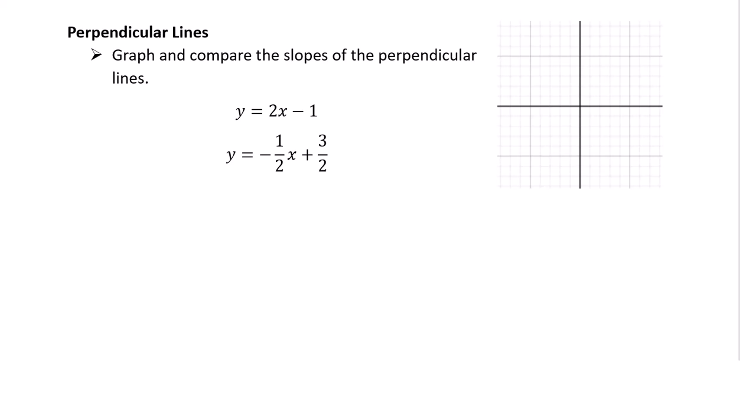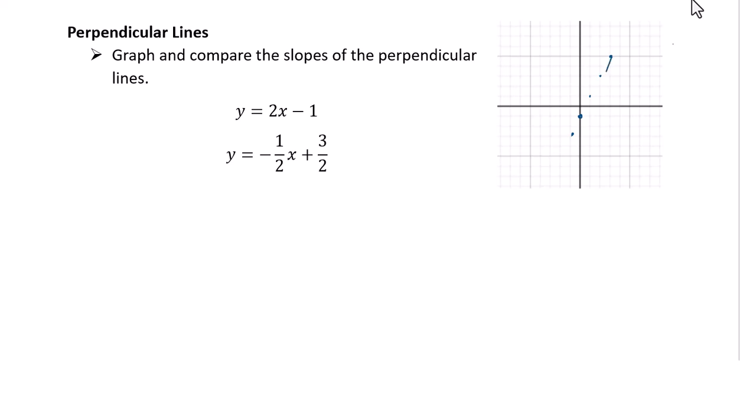Perpendicular lines. Graph and compare the slopes of the perpendicular lines. Here I have y equals 2x minus 1, 0, -1 is the y-intercept, and my slope is 2 over 1, so I'm going up 2, right 1, up 2, right 1, up 2, right 1, or I could go down 2 and back 1.